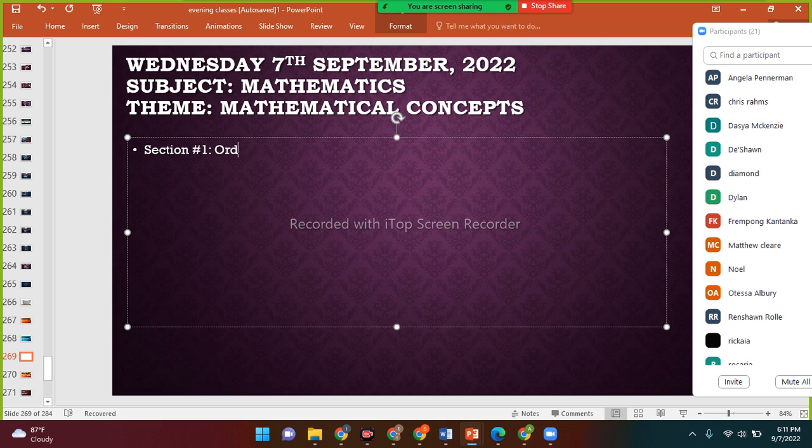You're gonna do order of operations, but this time I want to look at the type that has square roots and exponents. Those particular things inside of them, the square root and the exponent.